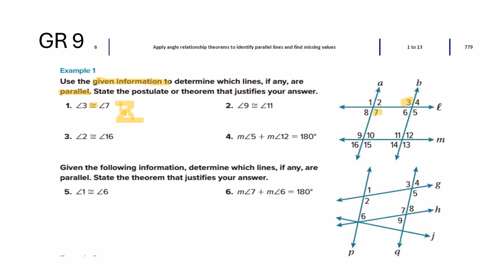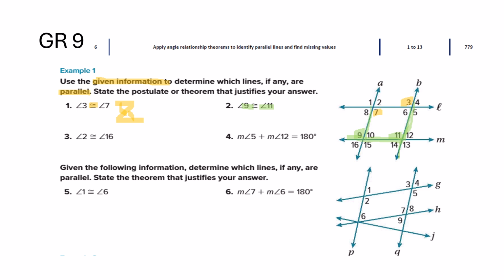Angle 9 congruent to angle 11. Angle 9, there's angle 9, congruent to angle 11. So we can very quickly see that we have the letter F being formed. So yes, they are parallel, and because of corresponding angles.